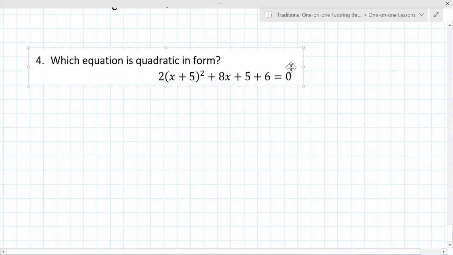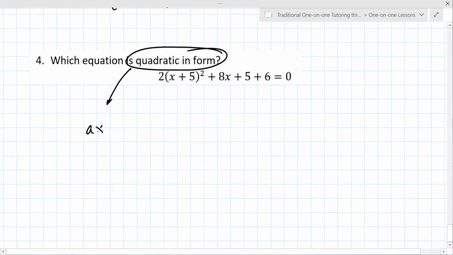So there's a couple of quadratic forms. The one that I think your instructor is looking for is the more generic one, which is ax squared plus bx plus c. Or like what we've been doing today, au squared plus bu plus c. But you can make small modifications here, like let's say this is squared. It's bu squared.